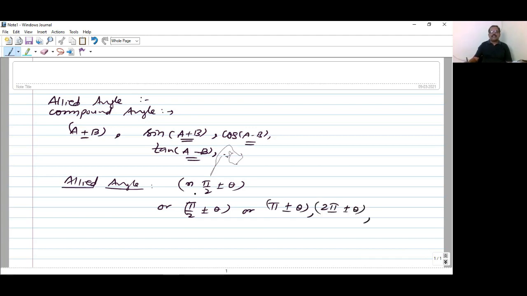The general form of the allied angle is n pi by 2 plus or minus theta, where n is any positive integer.